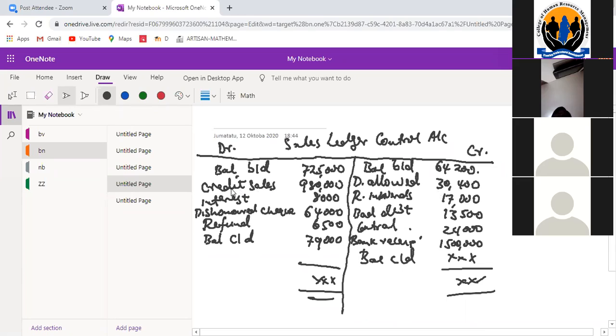It becomes easy to understand. Credit sales, interest or penalty, dishonored cheque or refund go to the credit side of the sales ledger control account. On the purchases ledger control account, it is going to be credit purchases, interest charged by the creditors and all that, but they normally change the position like that. The bad debt normally affects the sales ledger control account, so anytime you come across it, you put it on the credit side of this.